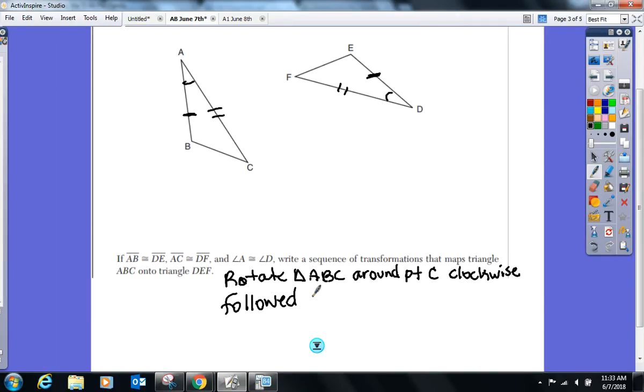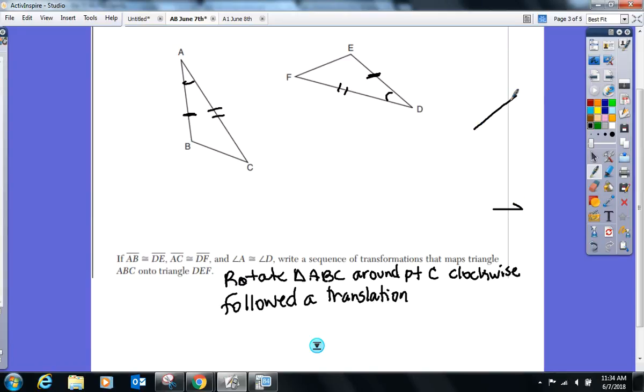Followed by a translation. You need a little more than translation, though. How do we usually translate? Anybody remember along a what? A vector. Direction and distance.